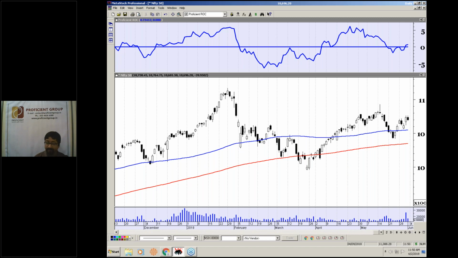Most of the time, we cannot find out what will be the true length of a moving average, or the true length of an RSI or stochastic that we should be using for our particular purpose of trading.